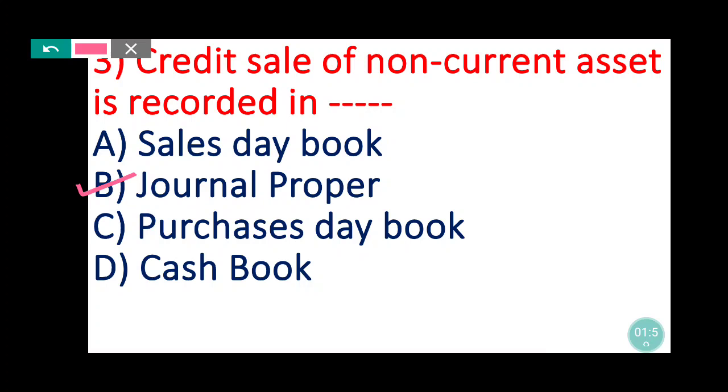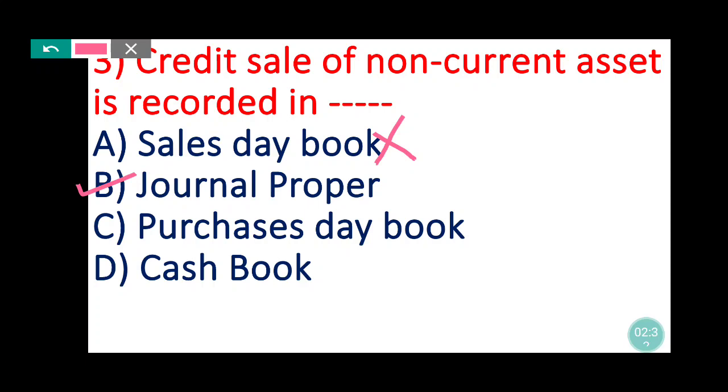See, in the sales day book we record only credit sale of goods, not non-current assets like furniture, machinery, land and building. If there is a sale of non-current asset on credit, it is recorded in journal proper. Even the credit purchase of non-current asset is recorded in journal proper.